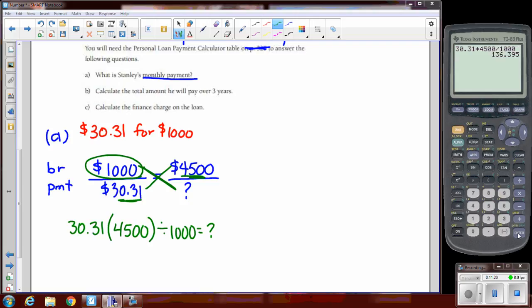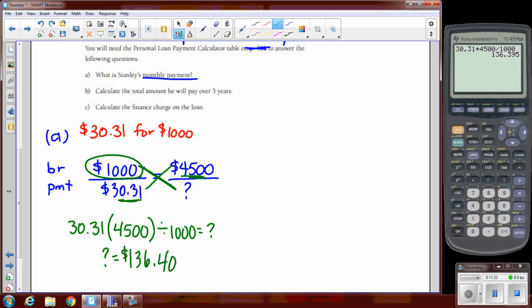So his payment, and remember, money goes to two decimal places. His payment for $4,500 is $136.40. That 5 rounds the 39 up to 40 cents. So this is how much he has to pay per month, and this is the answer for question A.